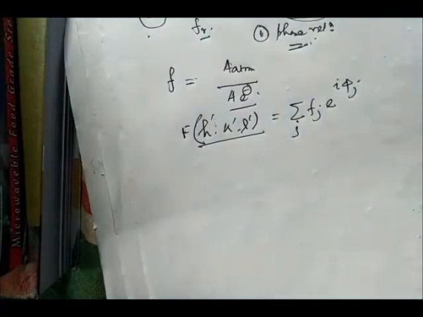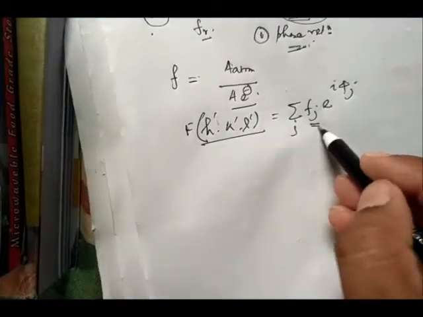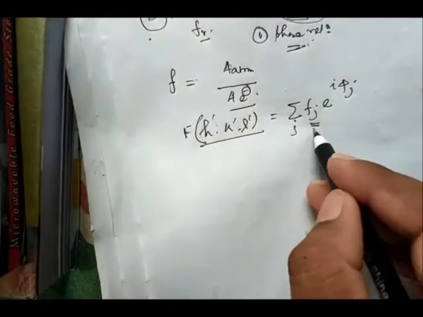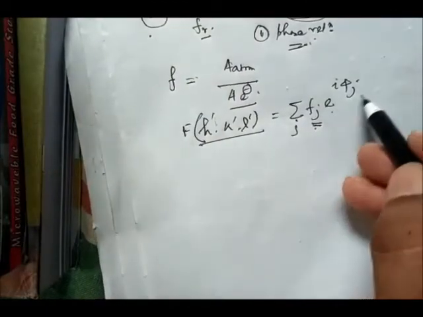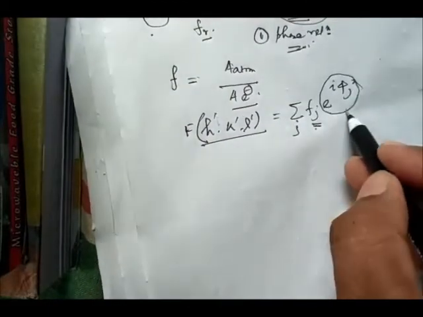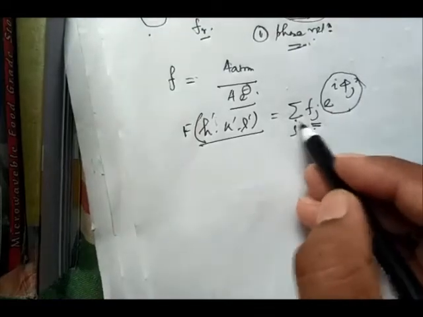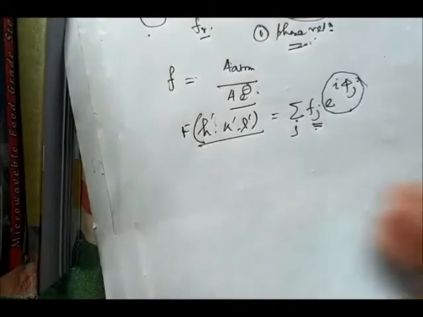So the atomic scattering factor of the jth atom times this phase factor e to the power i phi j, and sum over this j.